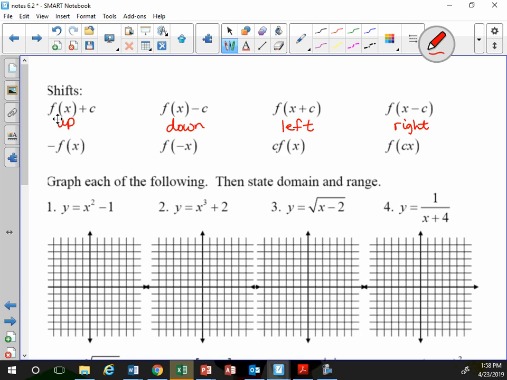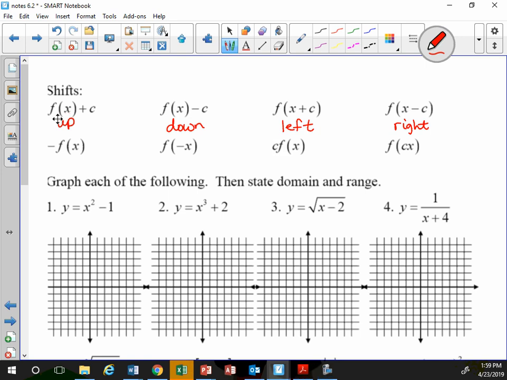All right, negative out in front. What are we reflecting over? It is the X-axis, because if it says negative f of X, that means your Y has changed sign. I never memorize this, guys.